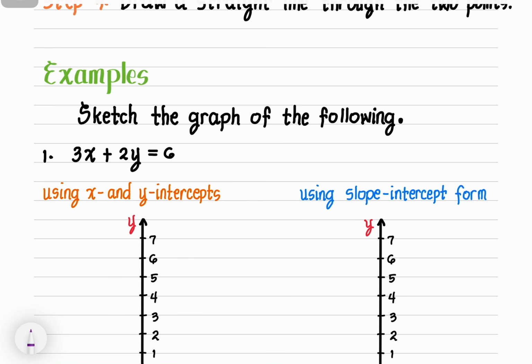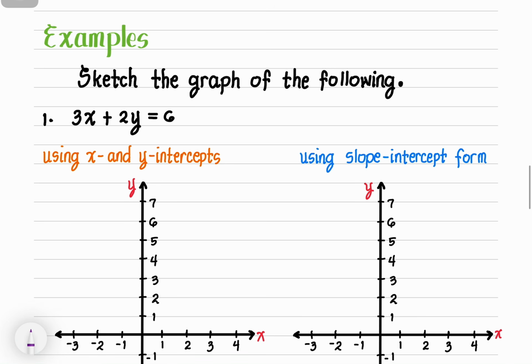So guys, dito, gamitin natin yung ating two ways, no? The first one, gagamitin ko muna rito is using the x and y intercepts. And then, ipoprove natin na same lang yung magiging graph natin using the slope-intercept form. Ipapakita ko sa inyo kung ano yung kinaibahan ng dalawa, I mean the process. Pero, same lang yung magiging graph natin. Okay?